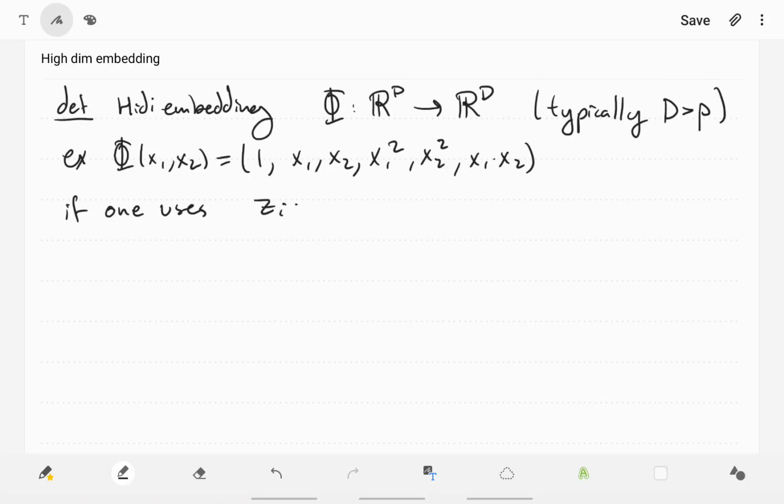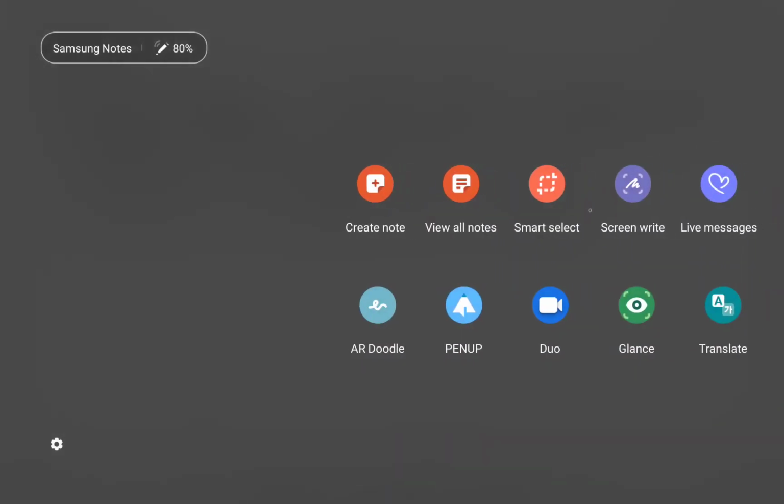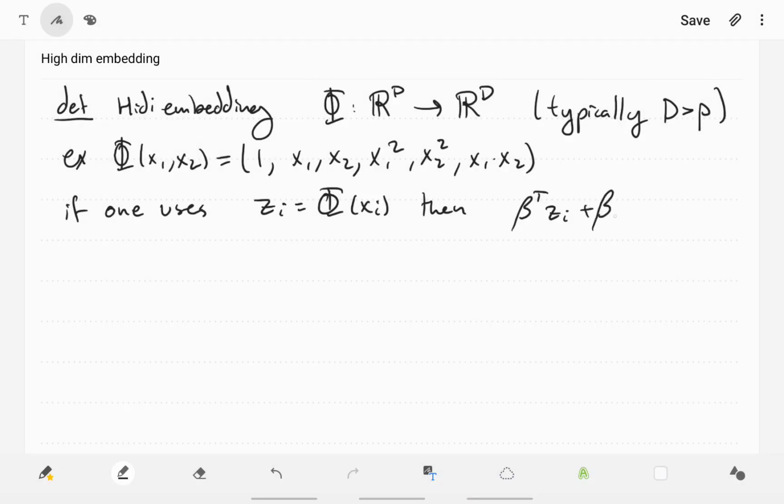The basic idea is that if one uses the data z_i equal to phi of x_i, then the decision curve, beta transpose z_i plus beta naught equal to 0, is our linear decision boundary, and it is a nonlinear curve in the x space, just because phi is possibly nonlinear in x.